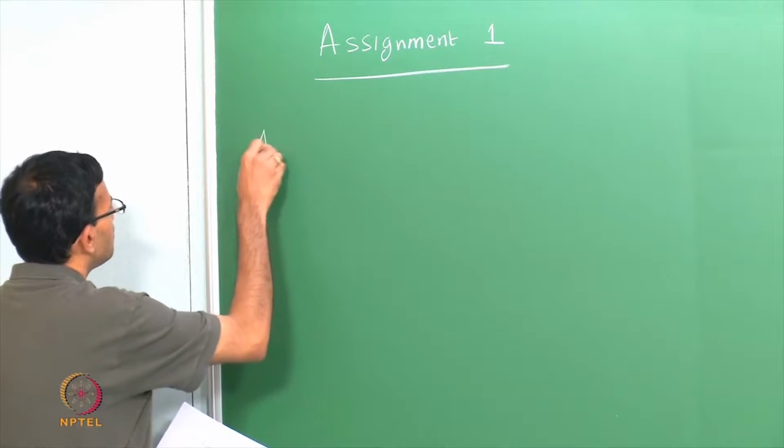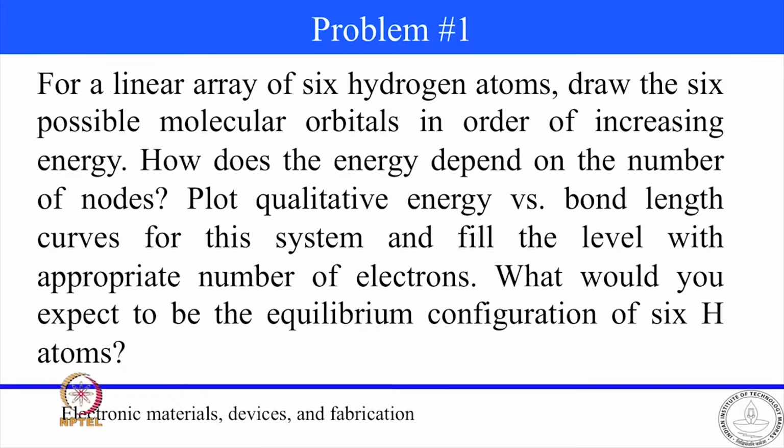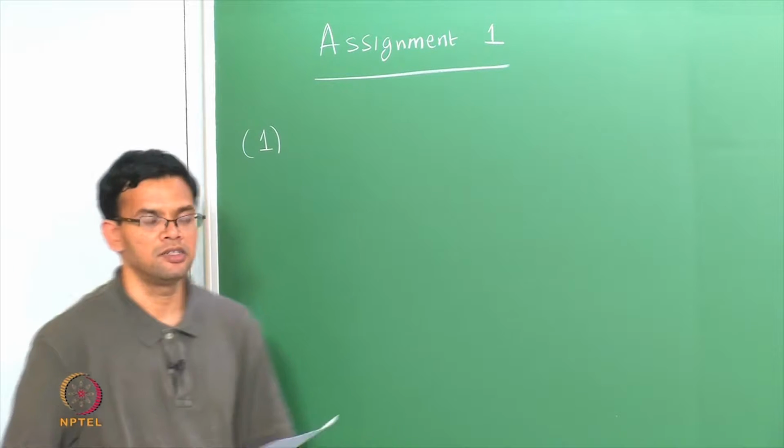So, let us look at problem number 1. For a linear array of 6 hydrogen atoms, draw the 6 possible molecular orbitals in order of increasing energy.